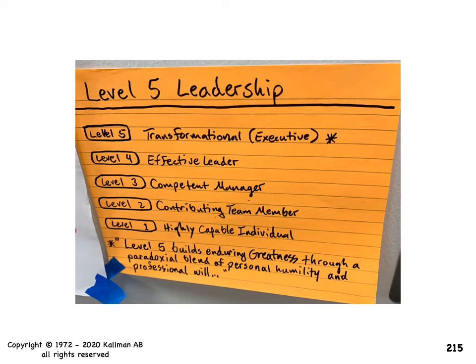And so that really is paradoxical. How do you be humble and at the same time maintain that professional will to get the things done? And so at level 5, you're transformational. You should be inspirational. It has everything to do with vision. And if you're going to transform the organization, you transform it through vision.